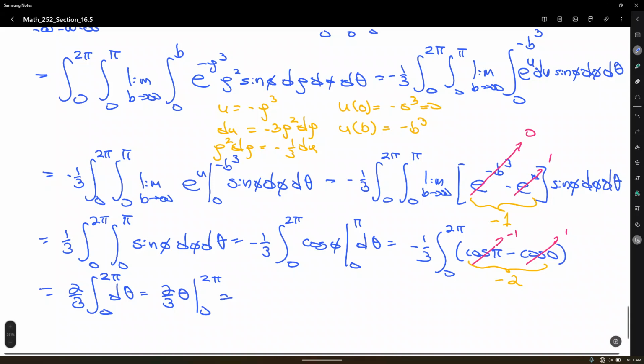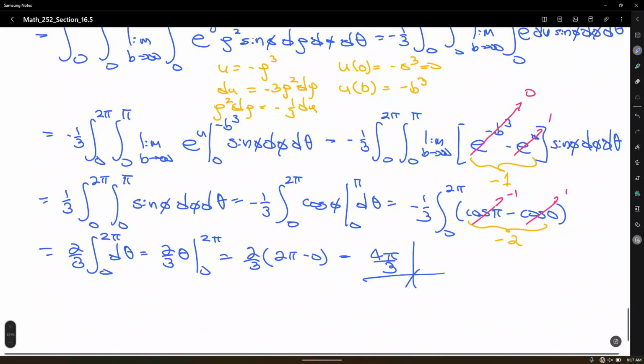And then what is that going to be? 2/3 times 2 pi minus 0, which equals 4 pi over 3. All right? Which means the integral, what does that mean? It's an improper integral, right?